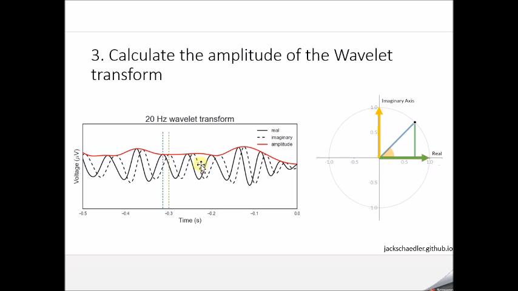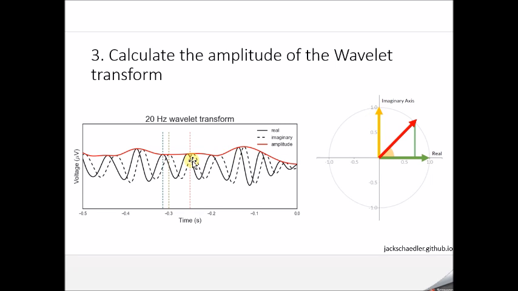In contrast, if our real component was 0 and our imaginary component was 1, as it is at this yellow line here, then we would lie at a 90-degree phase from the real axis, directly on the imaginary axis. However, the amplitude for that time is still equal to 1.